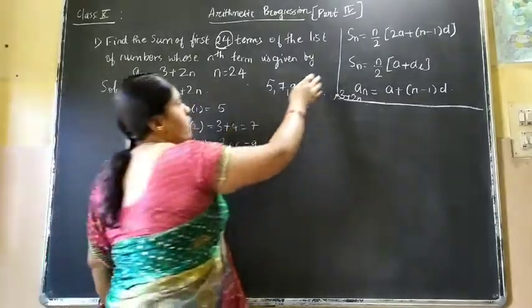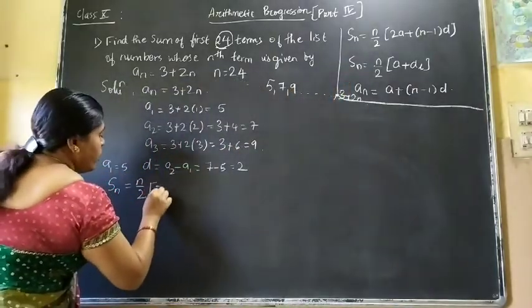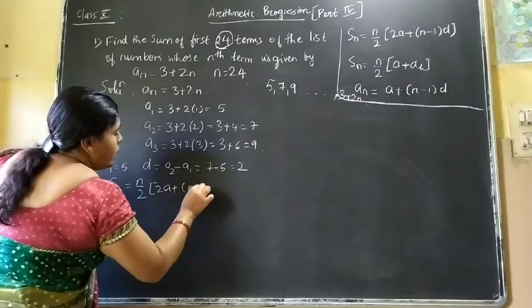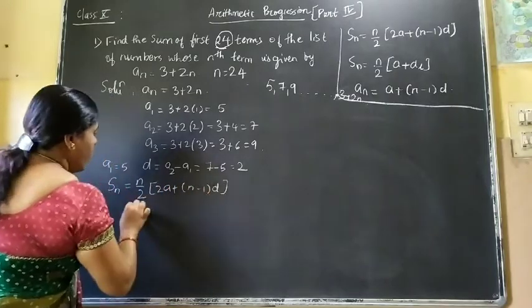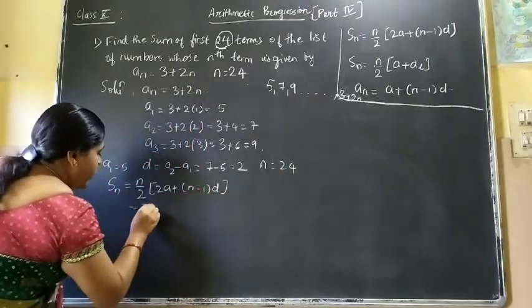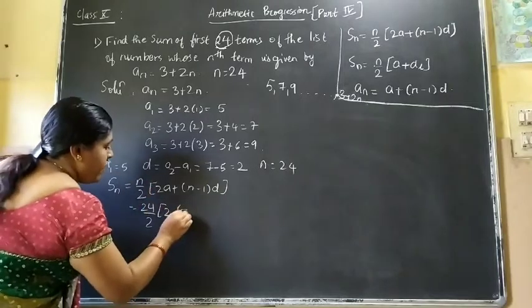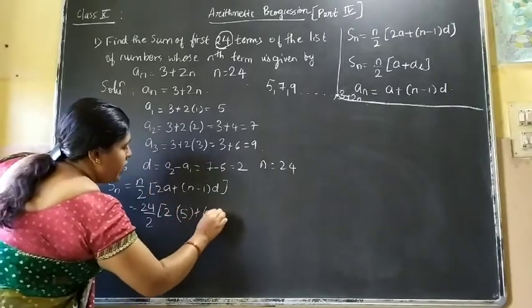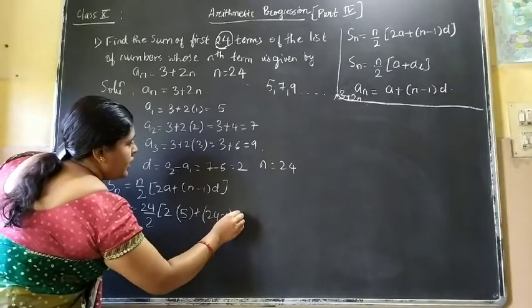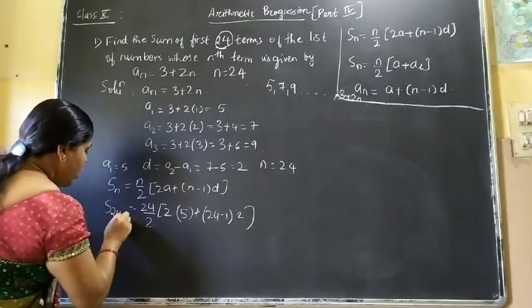So use this formula: Sn is equal to n by 2 [2a plus (n minus 1) into d]. What is n here? n is nothing but 24. 24 by 2, 2 into a, which is 5, plus n, which is 24, minus 1, into d, which is 2.